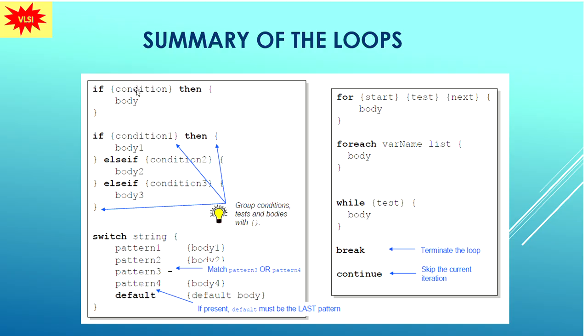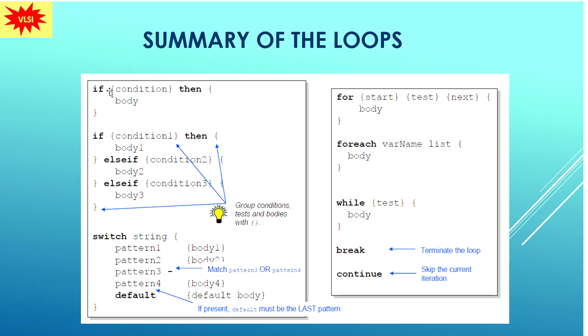So let's say I want to write color green or color red. If it's green or the color is red, either of these, the condition is met, then whatever is present in the body will be executed. So this is how if works.